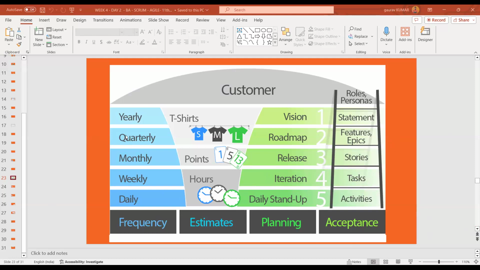This is just a symbolic representation: every single day you talk about the activities you have performed, the tasks, how much you have contributed every single hour. It will continue to add up towards the completion of the tasks under the iteration.